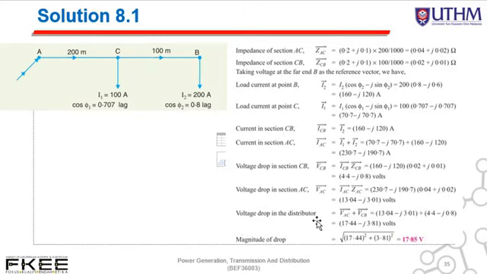The voltage drop in the distributor is equals to VAC plus VCB, or you just simply apply KVL from this point up to this point. So at the end, the voltage drop in the distributor is equal to 17.44 minus j3.81 volt. When you convert it into polar form, the magnitude of the phasor is equal to 17.85 volt.